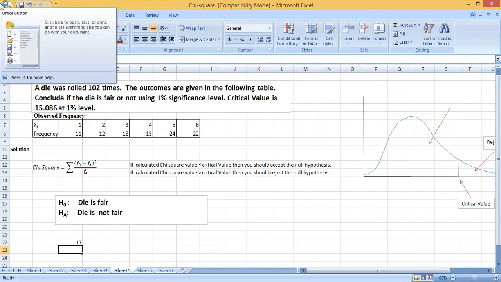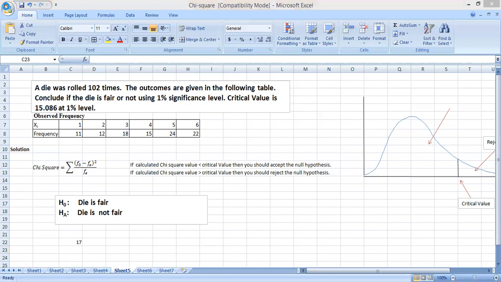Just a moment. So look at this. Here 70 is the expected value. In the same way, for 2 it is also 70, and for 3 it is 17, for 4 it is 17, for 5 it is 17, and for 6 it is 17.